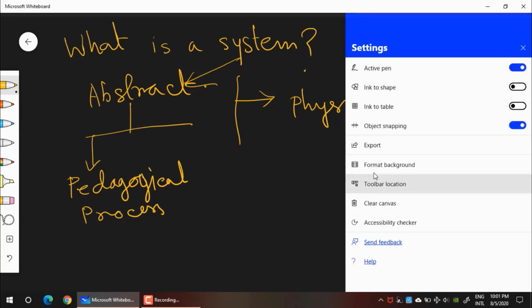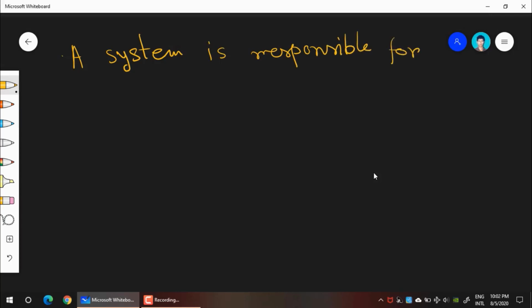Now, what we can conclude is two things. Let me write the first thing: a system is responsible for production of a signal.